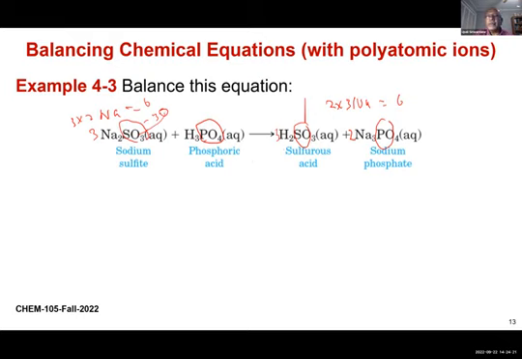Phosphate is 2 here. Therefore, put a 2 in front of it. Then check the hydrogen. Hydrogen is 6, 6. The equation is balanced. The last one is always balanced by itself. So this equation has stoichiometric coefficients of 3, 2, 3, 2.